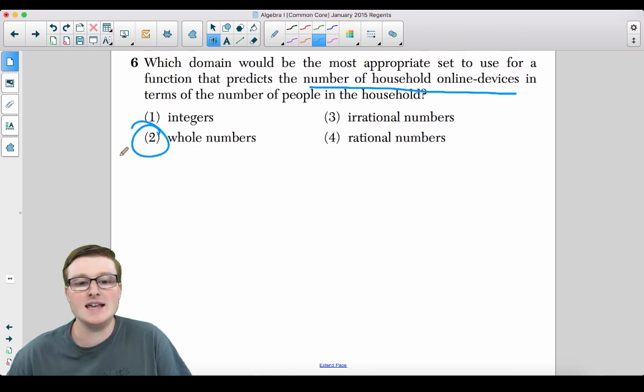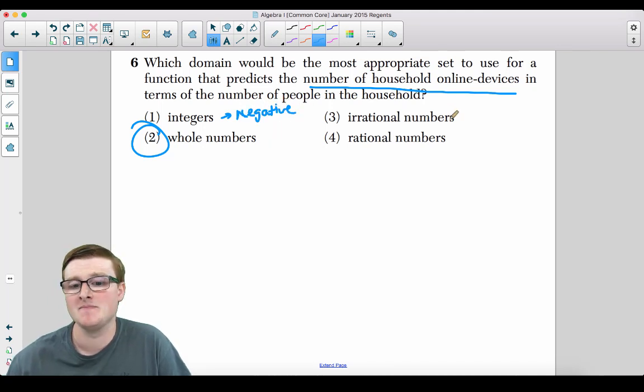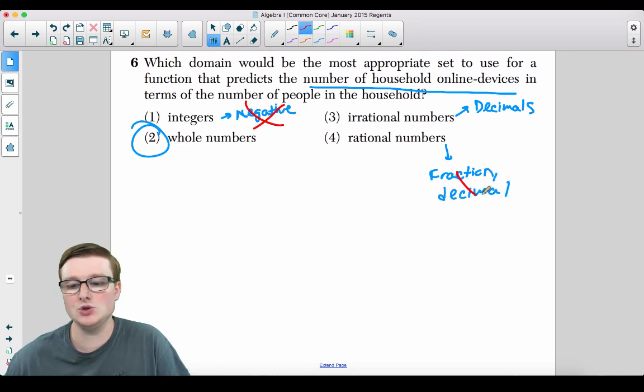Choice 2, integers can be negative. Last time I checked, you cannot have a negative iPhone. Irrational numbers, there are no decimals. So you cannot have a fraction of an iPhone. And rational numbers, you cannot have a fraction or a decimal. You can't have those. So all these things we do not want.